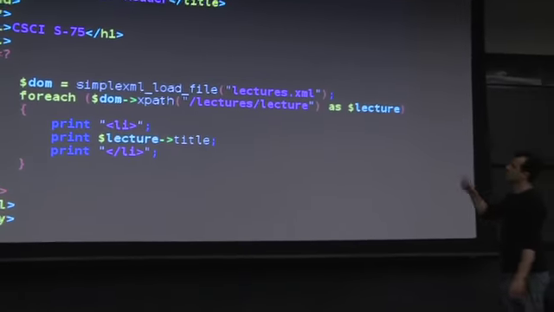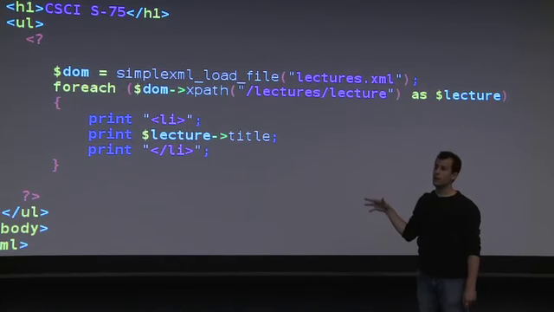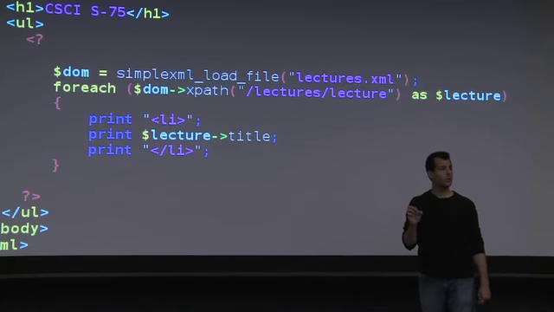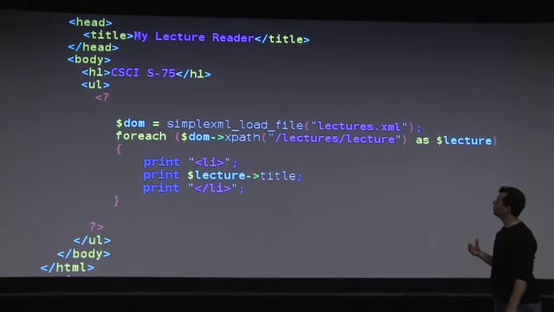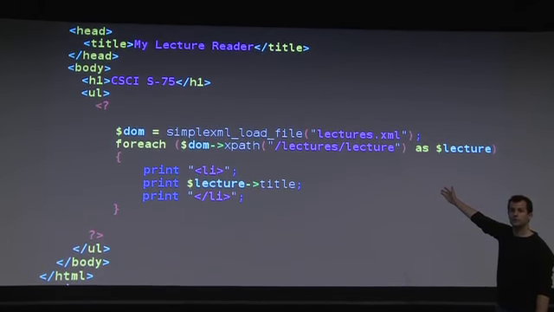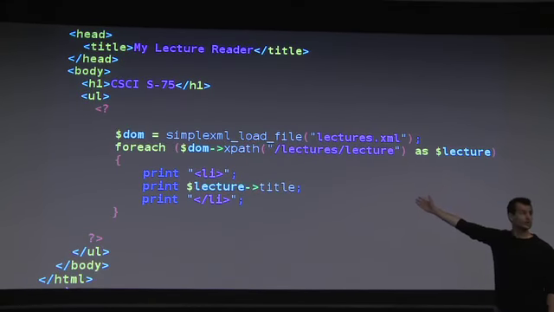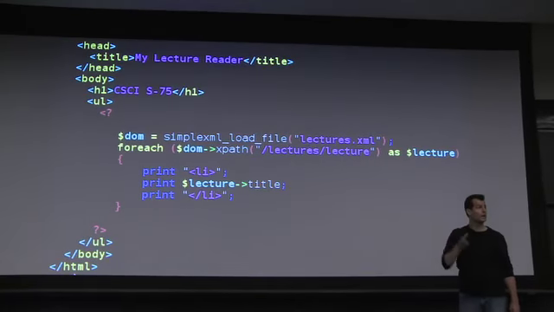So in this case, the xpath function always returns an array of nodes that match your XPath expression. So what am I asking for? I'm saying, give me all of the lecture elements that are children of what? Lectures. The lectures element, which is a child of nothing. The leading slash means that's the root element.